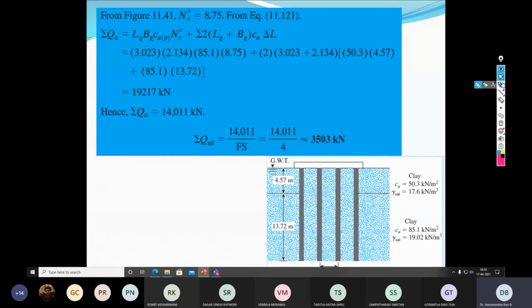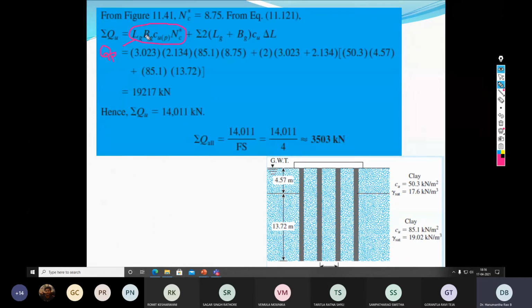Now the equation for calculating the pile group capacity. This is QP, the point bearing capacity, plus, since we have 2 layers, the summation of the first layer and the second layer. So this is again Cu NC star into AP.